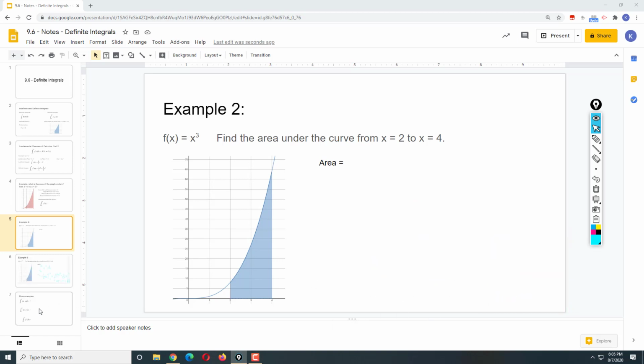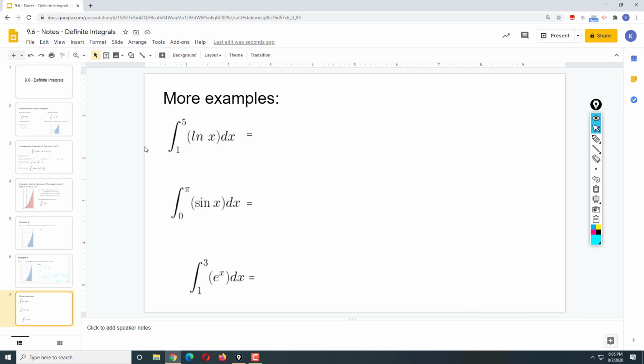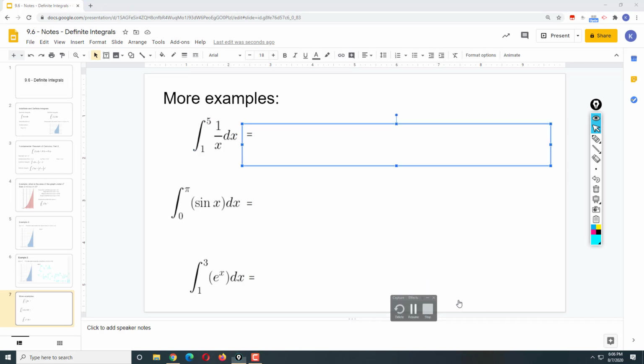Okay, more examples. The integral from 1 to 5 of ln x. Sorry, we're not ready for this one yet. Sorry about that. This is the integral from 1 to 5 of 1 over x dx. Well, the integral of 1 over x is ln x because the derivative of ln x is 1 over x.